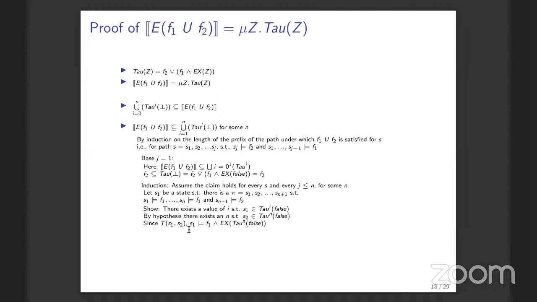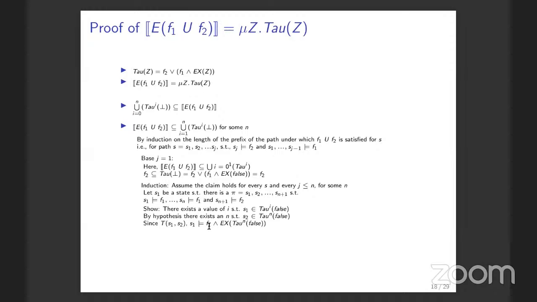And this one says that state S1 should satisfy F1. This one will be inside the left side only if S1 satisfies it. Okay? And then S2 is a successor of S1. And that is what you will have to show. And since Ex of tau n indeed holds, S1 has to satisfy F1.